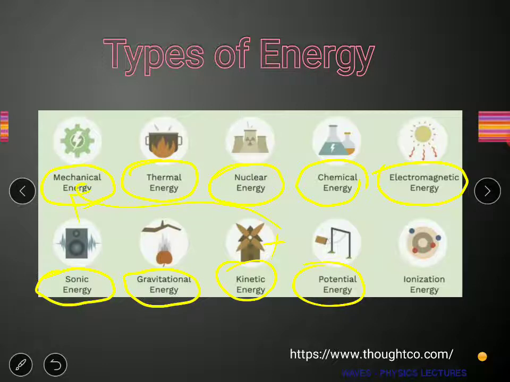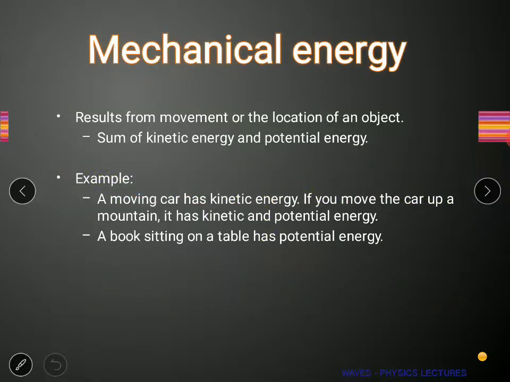And then finally the ionization energy. I think all of you have heard about all these types of energy. We are going to look into them one by one now, and the first is the mechanical energy.